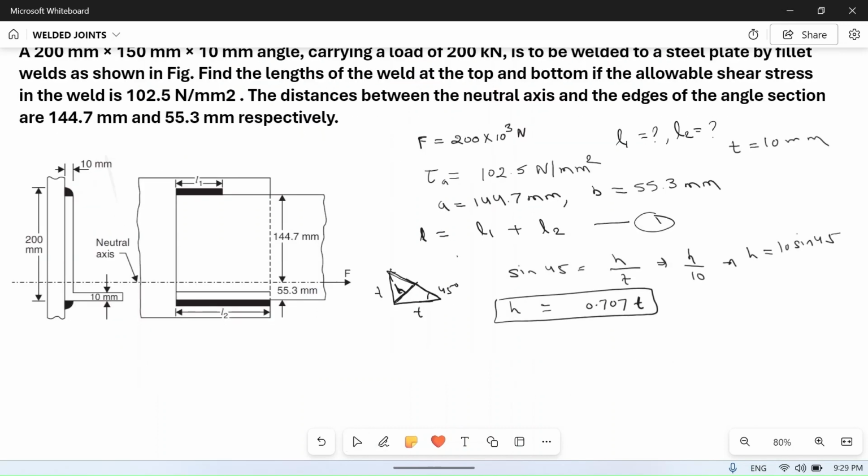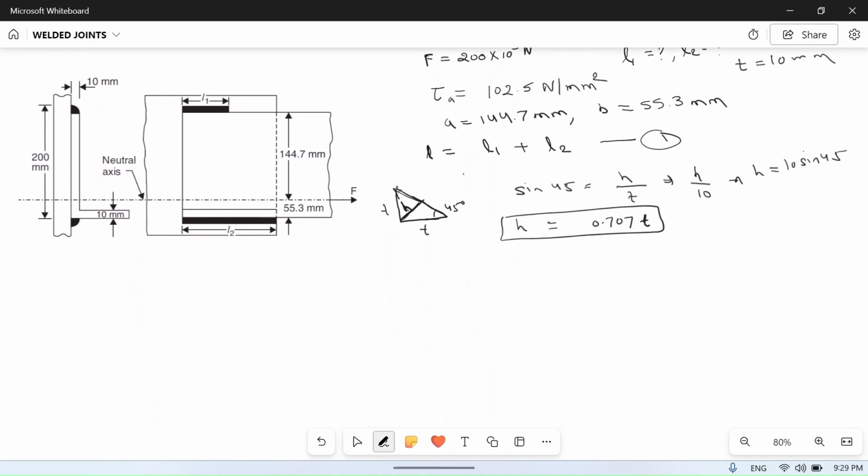So what will be the area of weld? So area will be equal to length into width, so H is the width and L is the length. So what is L here? This is L2 and L1.